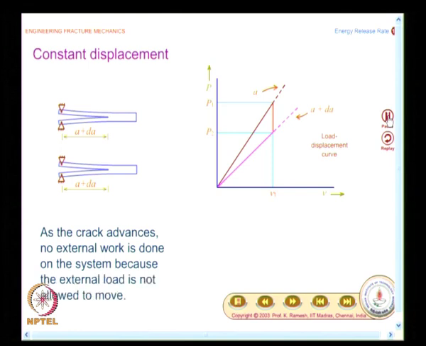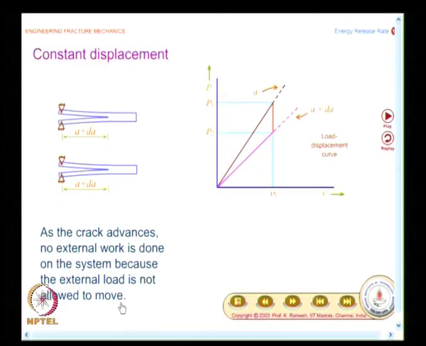And before that, you will have to make one important observation. As the crack advances, no external work is done on the system, because the external load is not allowed to move. It is a very important observation. We are looking things in detail.